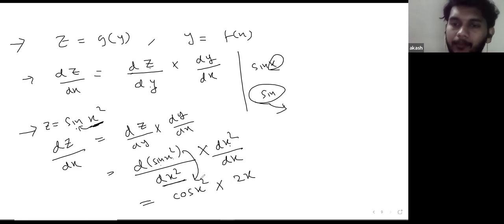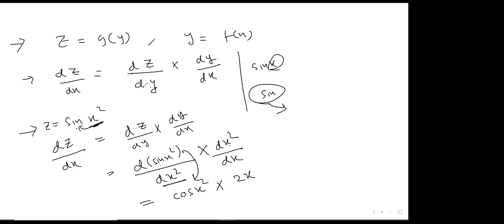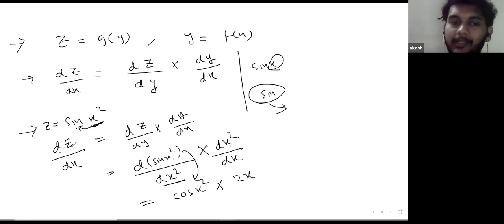Sir, why are you taking dx square? Right. See, I told you, if you have to find dz upon dx, the differentiation of z with respect to x, what you can do is, instead of this x, you first differentiate with respect to y.